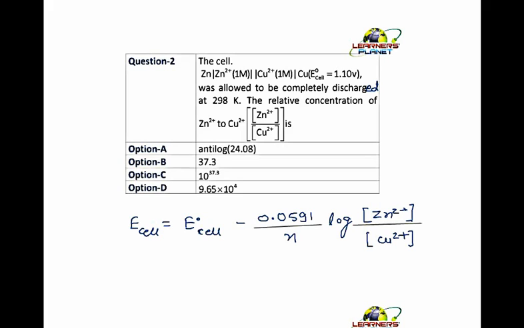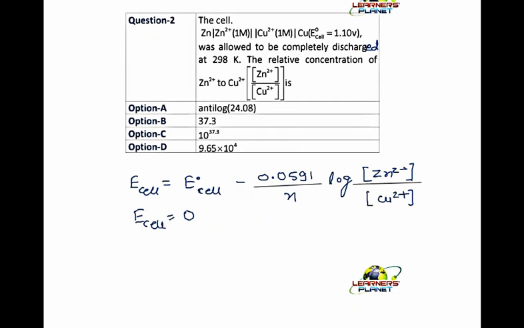Right? Now, the cell is completely discharged. It means the potential of the cell is equal to 0. Right? Because your cell is completely discharged. Okay. Now, your E naught cell will be equal to 0.0591 divided by N. So how many electrons have been transferred?